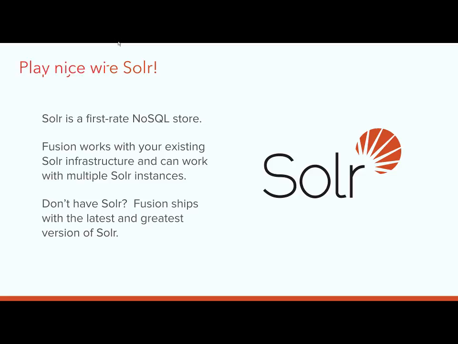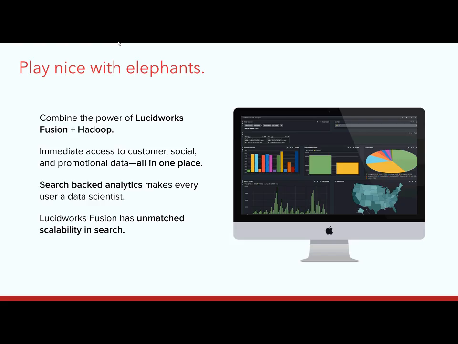Last but not least, we want to make sure we play very nicely in the big data ecosystem. So we have connectors and capabilities all around things like Hadoop and Apache Spark and Storm and all these other kinds of things, Hive, Pig, et cetera, such that you can leverage all of the big data tools that you have in place and add to it this nice complement of Fusion and of search, such as you can slice and dice your data in different ways, and you can make that data more accessible to more people within your organization.